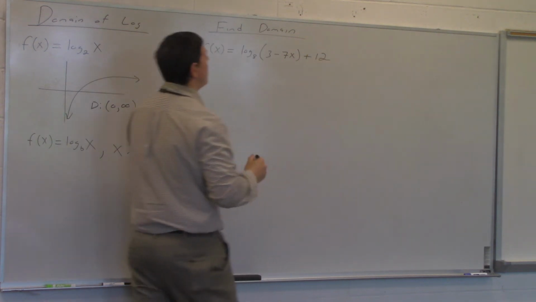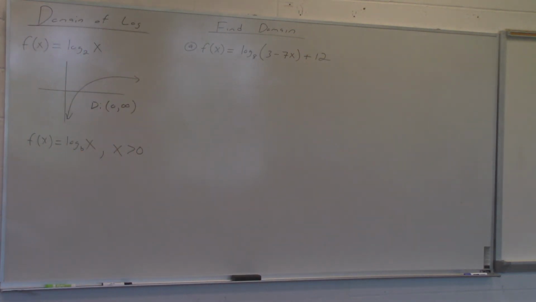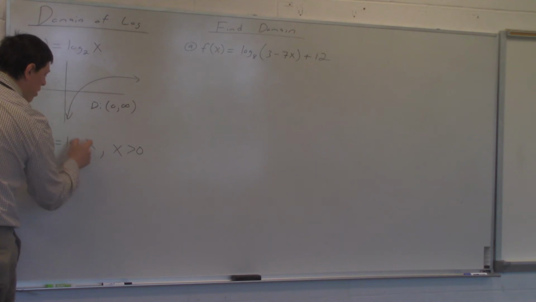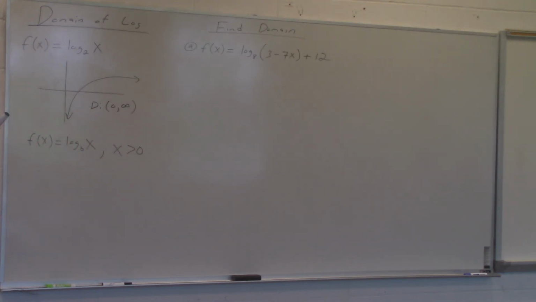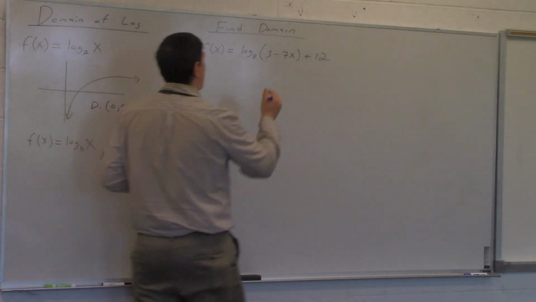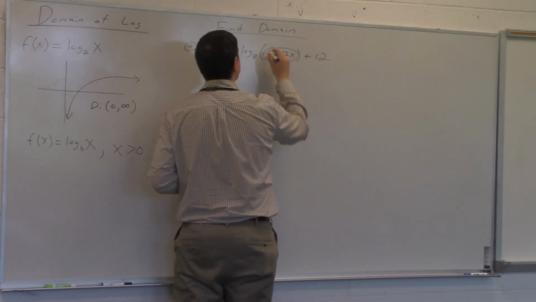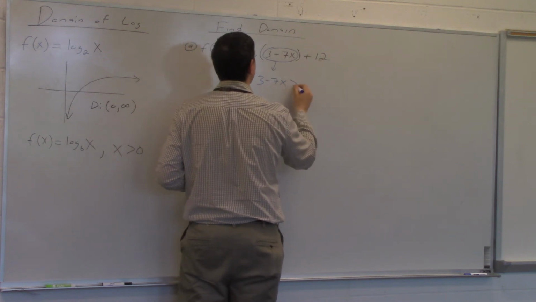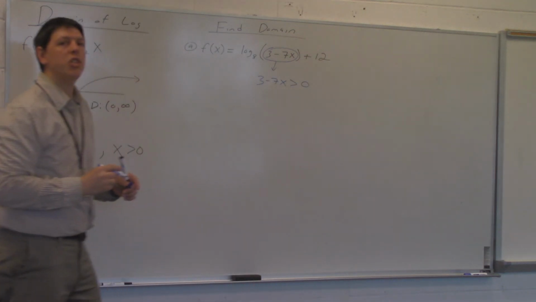I want you to be able to find the domain of this. All I'm concerned about is the operand of the logarithmic expression. So get rid of the log base 8, get rid of the 12, and all we care about is this stuff right here. In other words, 3 minus 7x has to be bigger than 0.